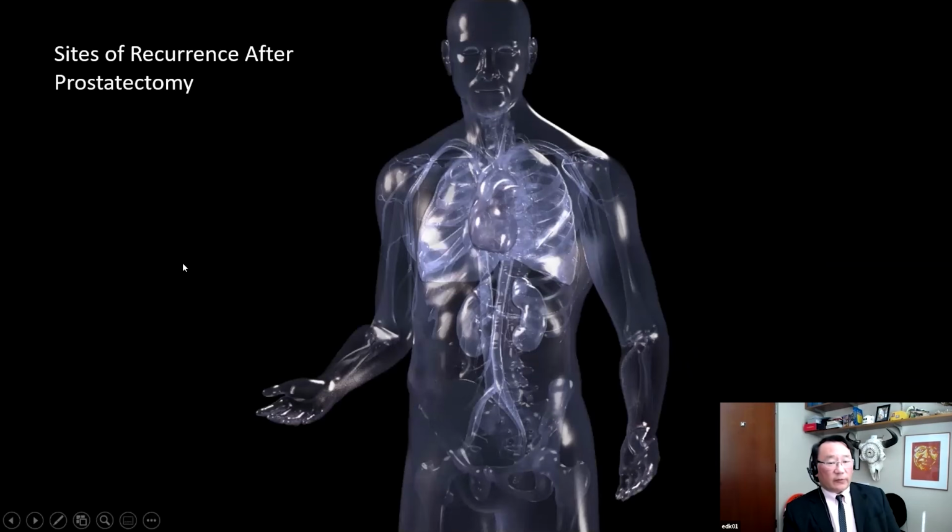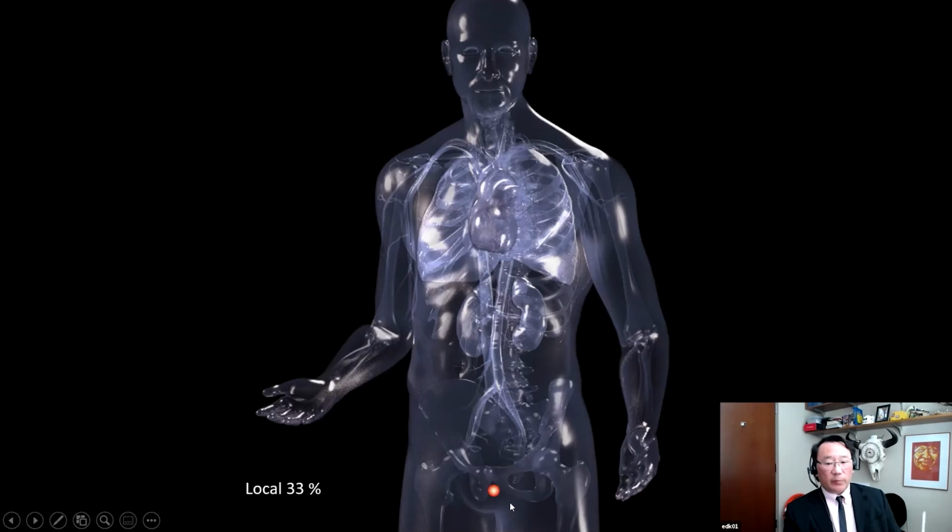Sites of recurrence after prostatectomy have been mapped by my group, and what we found is that 33% of patients that have their prostates taken out and suffer a recurrence will suffer only a local recurrence in the pelvis. In contrast, 45% of patients who have a rising PSA after surgery will have what we call metastatic recurrence of prostate cancer.